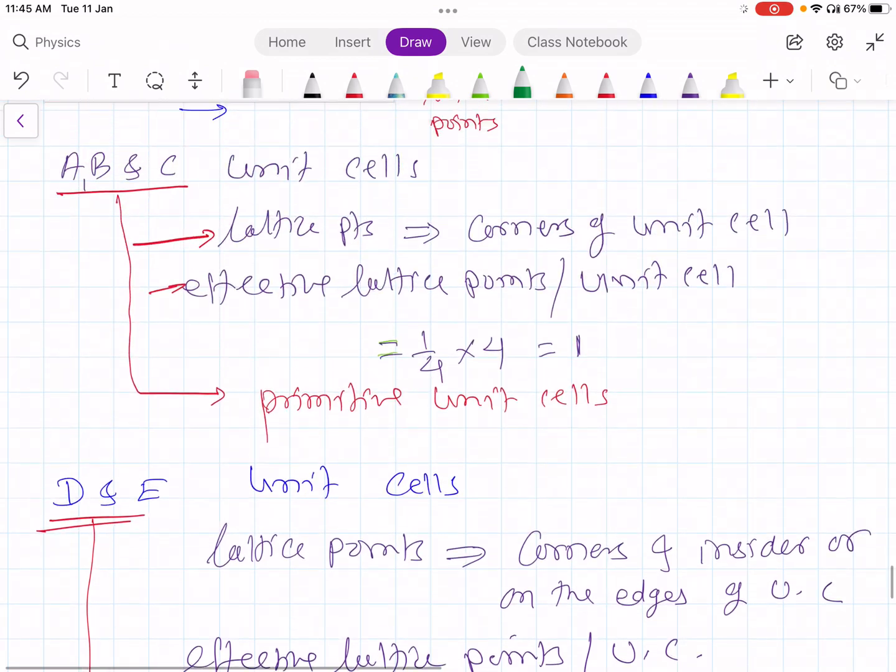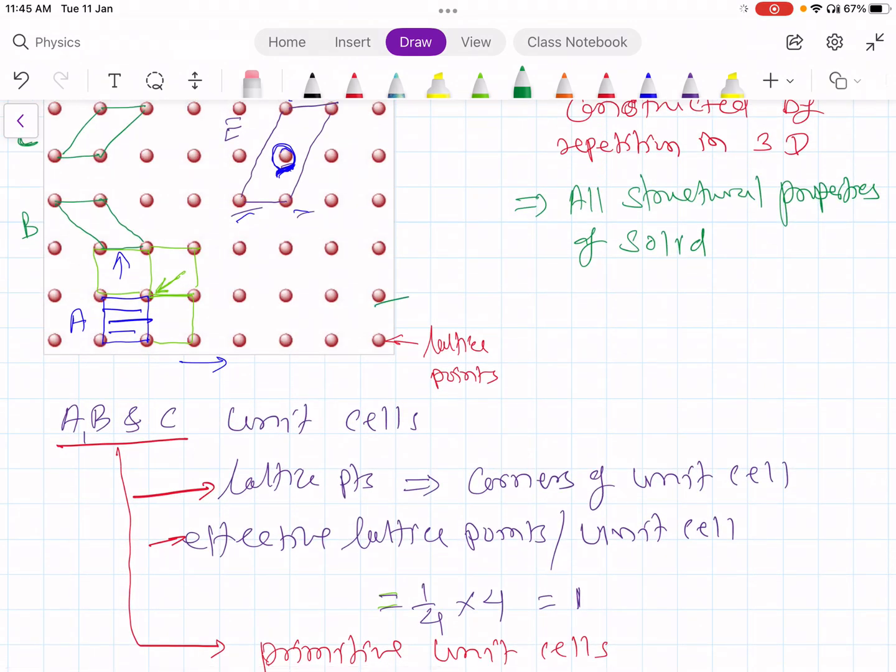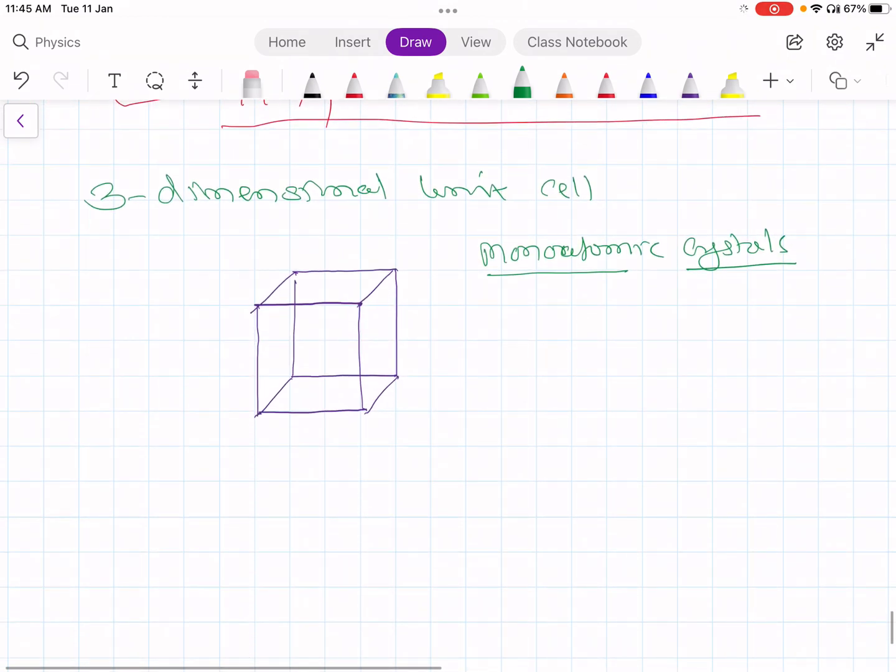So in this case, instead of lattice points, now there are atoms but in three dimensions. So let's say there are eight corner atoms here.